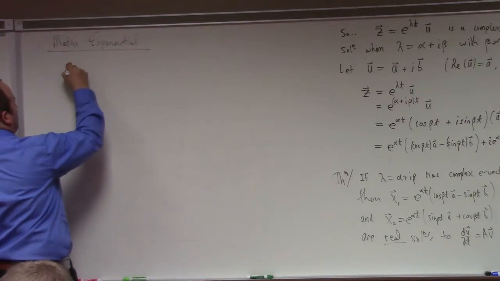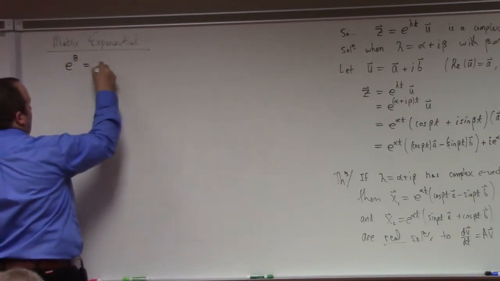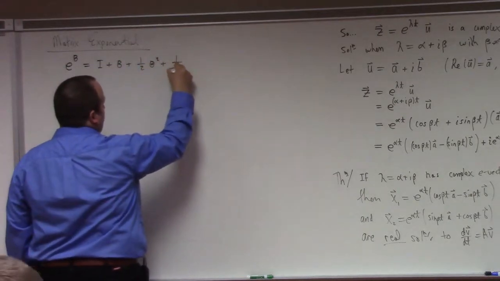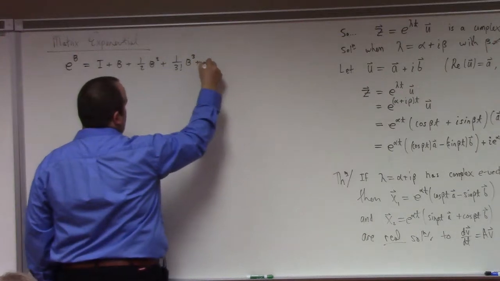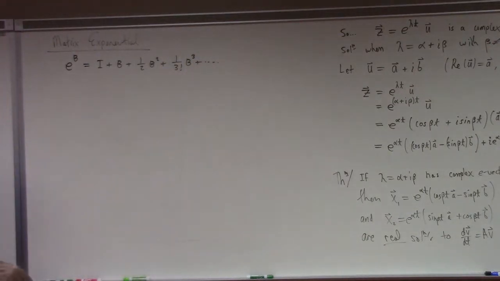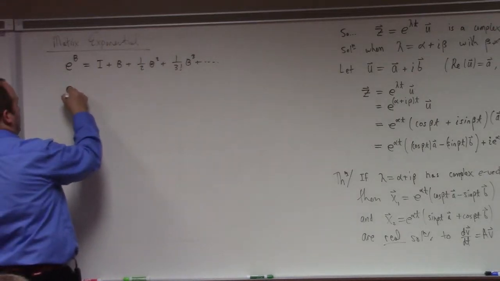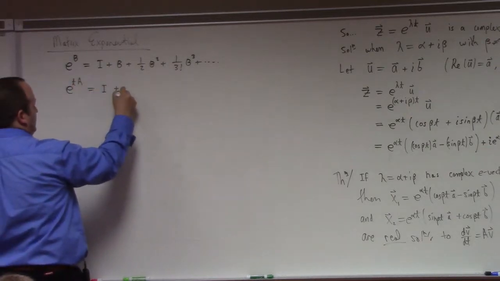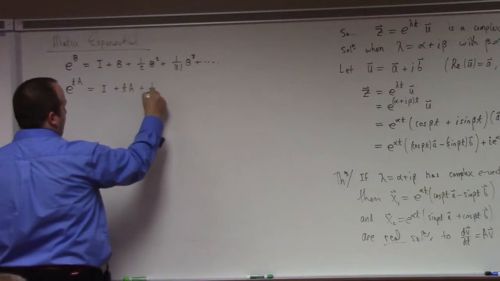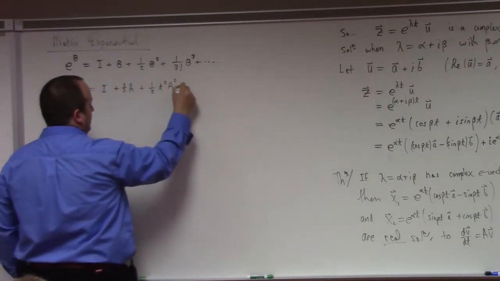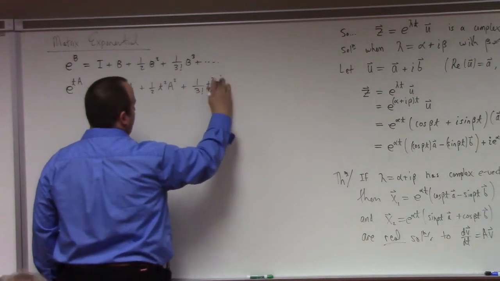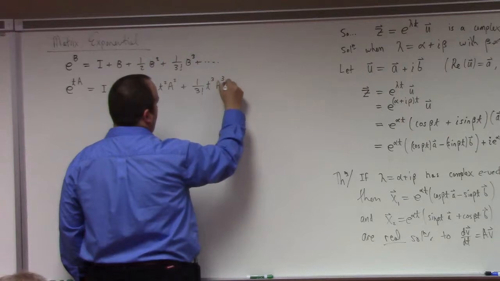So e to the B is I plus B plus 1/2 B squared plus 1 over 3 factorial B cubed, and so forth. This is the series for the exponential, just feeding it a matrix. So e to the tA, the matrix exponential, is I plus tA plus 1/2 t squared A squared plus 1 over 3 factorial t cubed A cubed, and so forth.